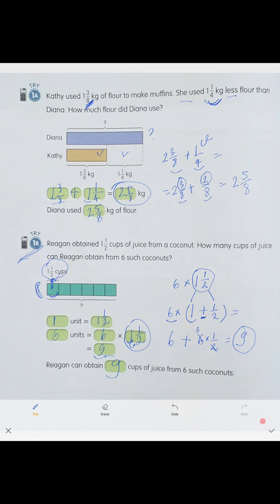They make a sentence. So this is important to make a sentence. Why? Because they want you to process the answer. Sometimes you get some kind of number, and when you put it in a sentence and you read it as a sentence, it doesn't make sense at all, right? It's like, I don't know, Regan can obtain 5,000 cups of juice from 6 coconuts.